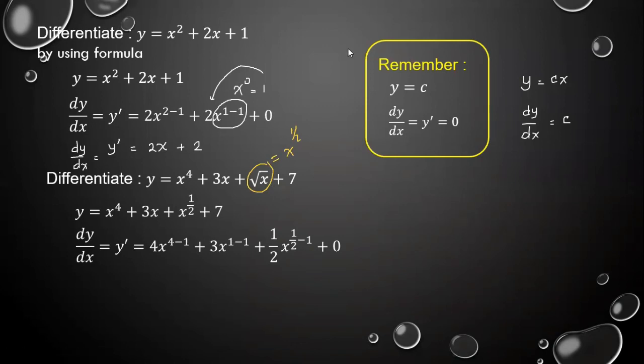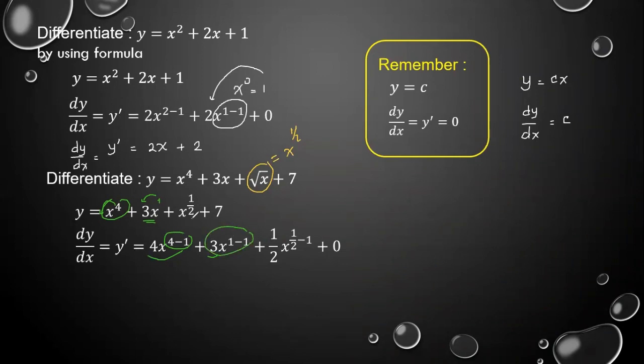I will show you the process. 4 times 1, and then the power will be minus 1, very clear. And this one, 3x is 3x to the power of 1, so 1 times 3 is 3. And then don't forget to subtract 1 from the power, so x to the power of 1 minus 1.